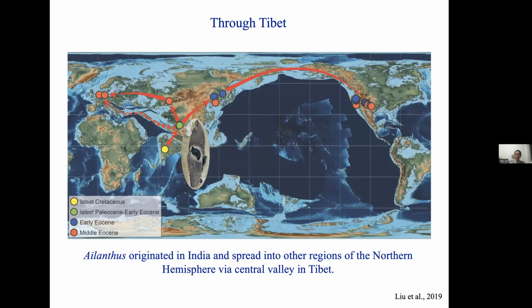According to the fossil record, we think Ailanthus originated in the Indian plate and then, accompanied by the collision between the Indian and Eurasian plates, Ailanthus spread into the Tibetan region and then to other regions in the Northern Hemisphere.